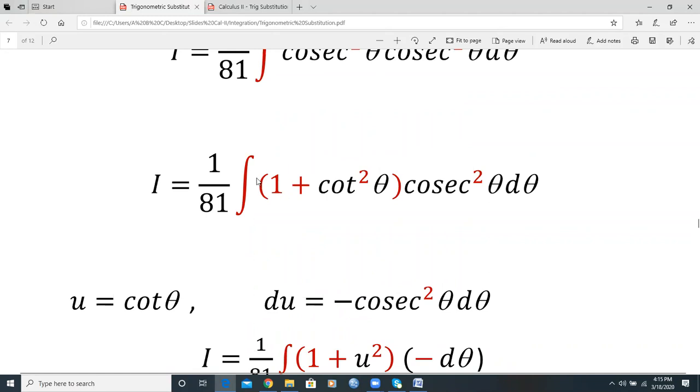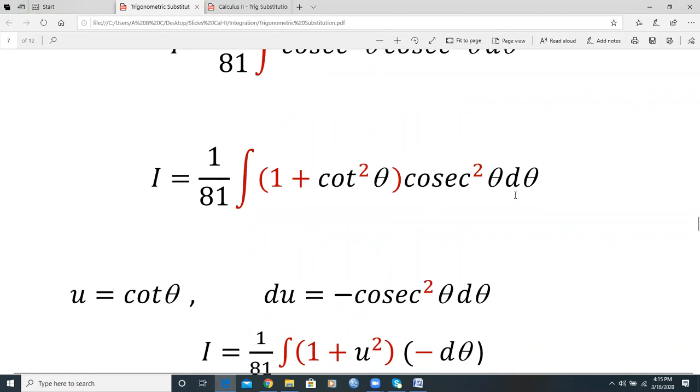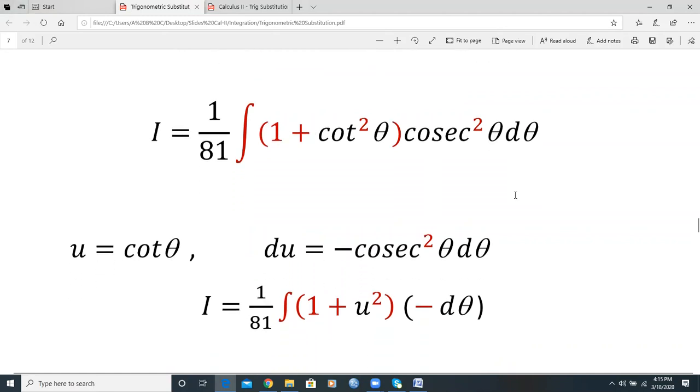So this integral becomes 1 over 81, then 1 plus u square and minus du. This cosec square theta d theta actually becomes minus du. So minus minus du. This is a typing error. This is not theta. This is minus du.